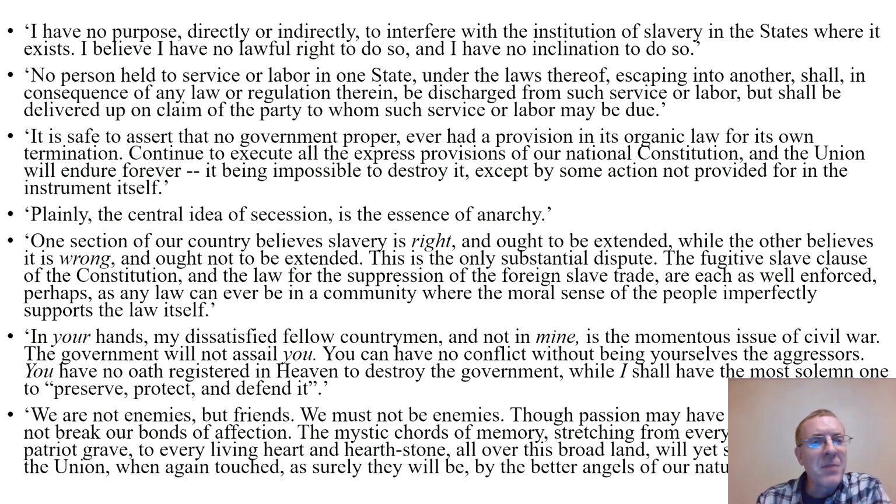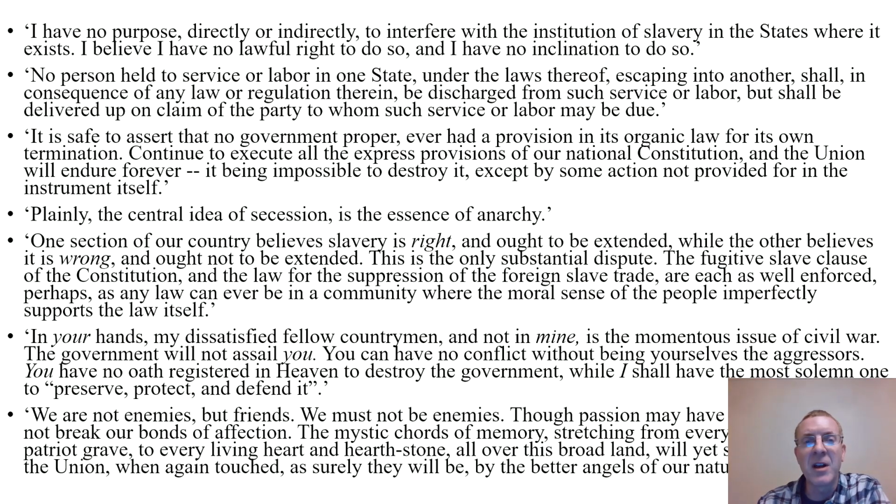So let's carry on. "It is safe to assert that no government proper ever had provision in its organic law for its own termination. Continue to execute all the express provisions of our national constitution, and the Union will endure forever, it being impossible to destroy it, except by some action not provided for in the instrument itself.